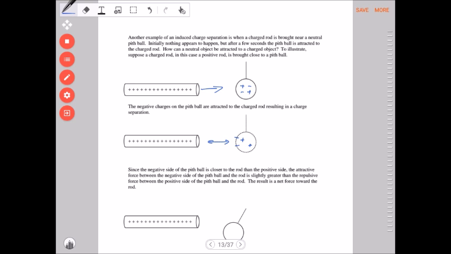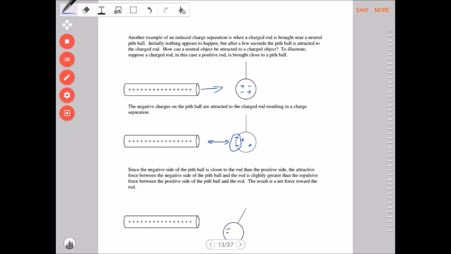So what ends up happening is this negative part is attracted to the rod. And since the negative side of the pith ball is closer to the rod than the positive side, the attractive force between the negative side of the pith ball and the rod is slightly greater than the repulsive force between the positive side of the pith ball and the rod. The result is a net force towards the rod.